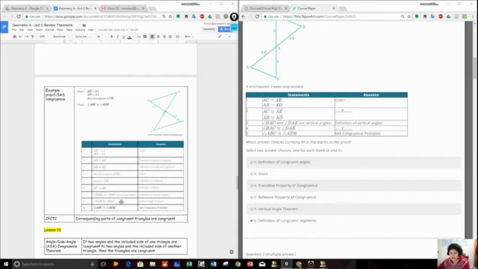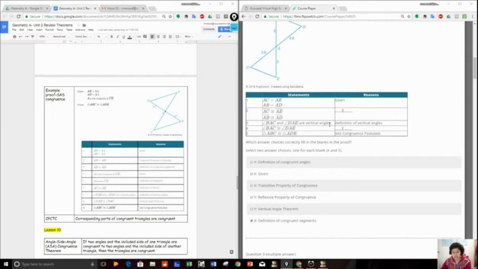And then the next statement is that angle DAE is congruent to angle BAC, and the reason is vertical angle theorem, which is set up exactly like our statements and reasons. Statement 3 is angle BAC and angle DAE are vertical angles. So that's set up just like statement 7 in the example.